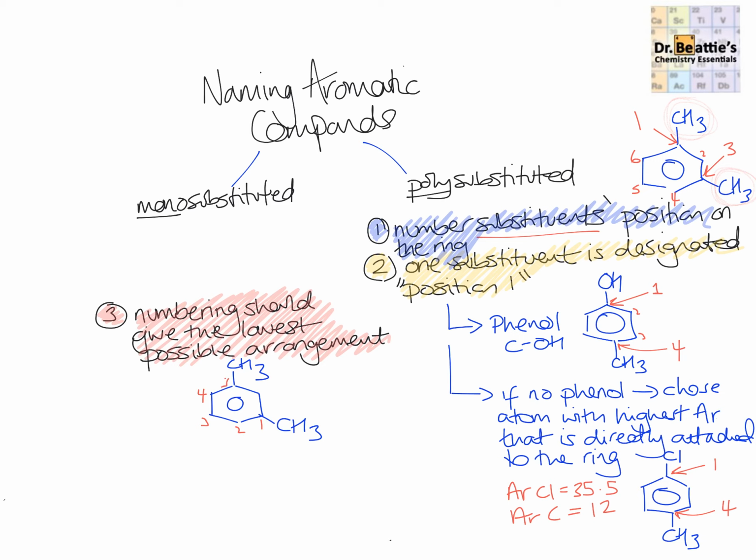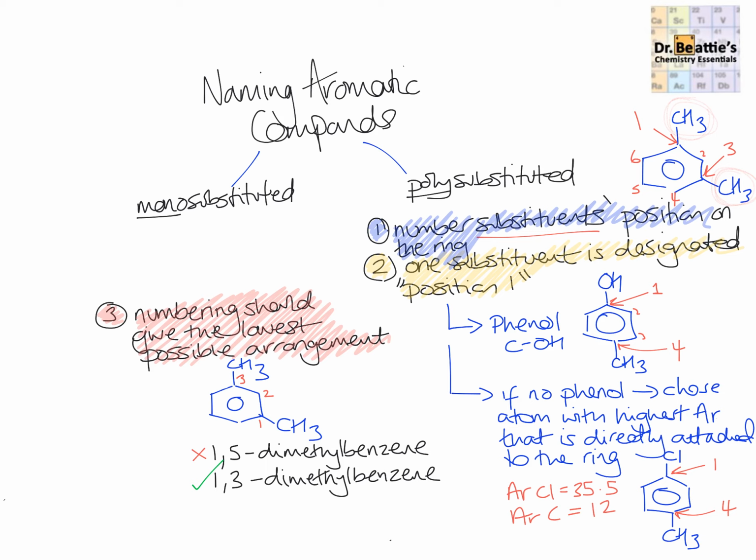So this would be called 1,5-dimethyl benzene. Now, most people will be able to see that there is another arrangement that will give us a lower set of numbers. 1 and 5 is quite high. If we instead labelled this as 1, this is 2, and this is 3, that would give us a lower overall set of numbers. And so, given this, we're going to choose this one and reject this arrangement.